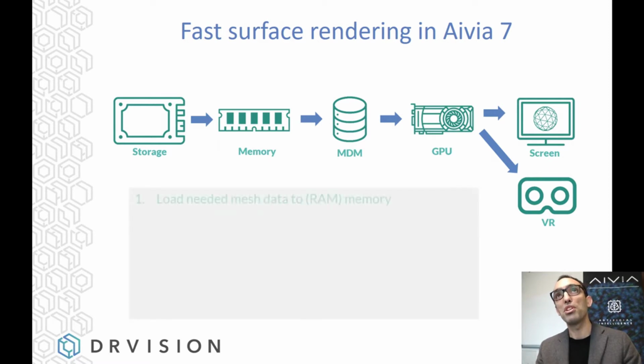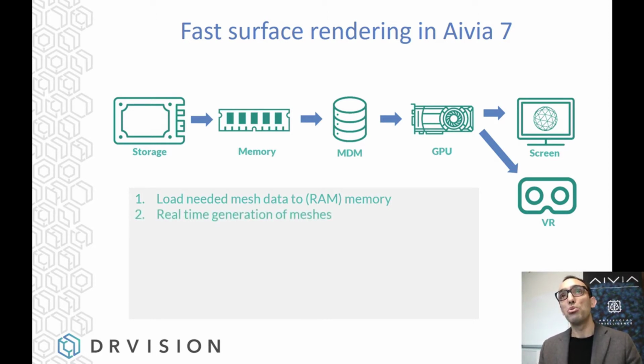And so we first of all load the needed meshes from storage onto RAM. And that's a very fast process if you have an SSD. Then, once the meshes are there, we generate the meshes in real time. And once the meshes are generated, so the meshes would be all the cells, the tracks, and so on, we then intelligently cache those meshes, and that's primarily the cells.